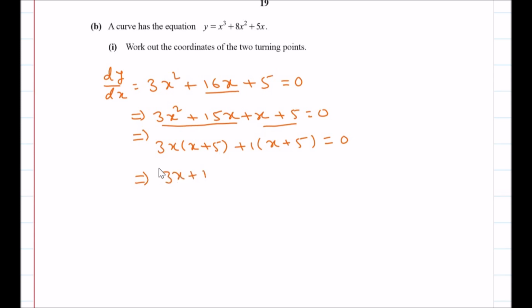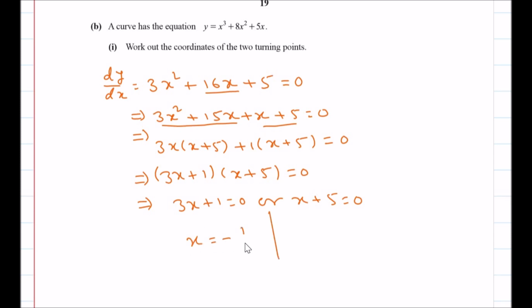Now, so 3x plus 1 into x plus 5 equal to 0. This implies that both the factors separately will be equal to 0. So 3x plus 1 equal to 0, or x plus 5 equal to 0, right? So x equal to minus 1 by 3 and x equal to minus 5.